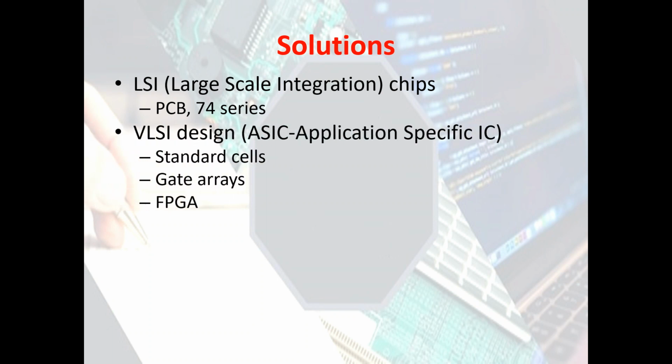Very large-scale integration or VLSI design, including application-specific integrated circuits or ASICs, involves packing even more components onto a chip for specific applications. Standard cells, gate arrays, and field programmable gate arrays or FPGAs offer flexible design options.